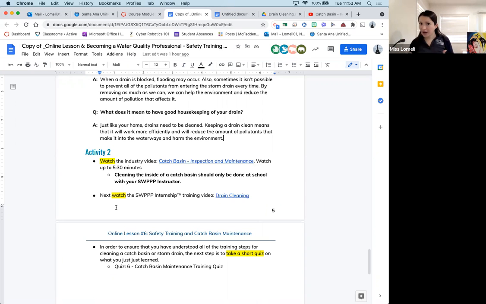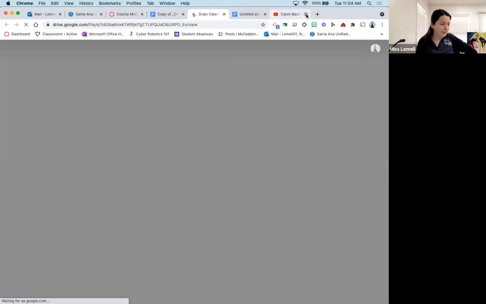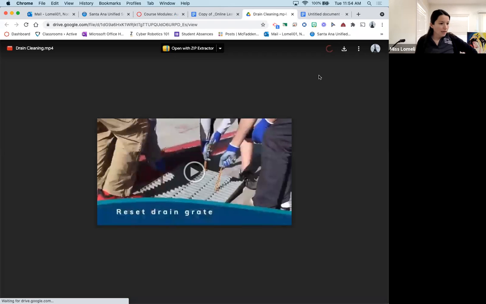We're going to modify it to fit the fact that we can't lift anything, okay? So we're going to watch it, learn, and then modify it for our class and our needs. So this is pretty cool. If we were at campus, this is what we would have been doing. Again, watching these videos will help you answer the questions to the quiz.